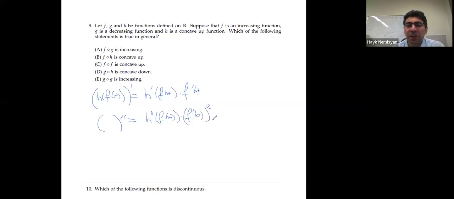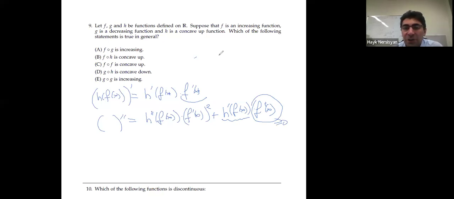This term is positive, that's fine. What can we say about the next term? H prime(F(x)), when we are taking the derivative of this part, will be F double prime(x). So here, this is positive, okay, fine. But we don't know anything about H prime. And here we might have a case when, imagine the H function is decreasing with concave up.